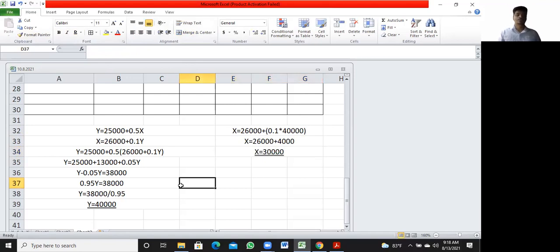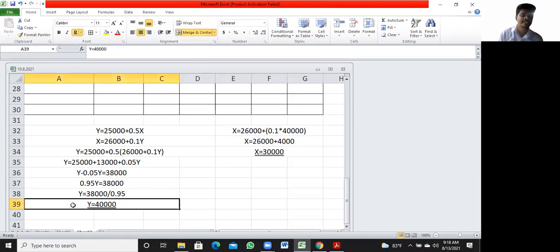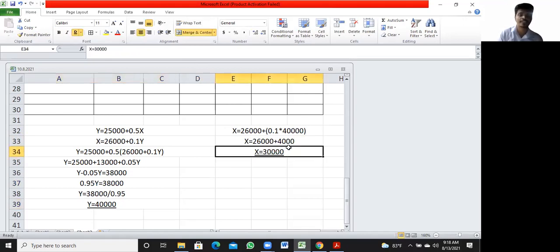x equals 30,000. Now we identified the value for x equals 30,000 and the value for y equals 40,000. Do this and check whether it is correct.